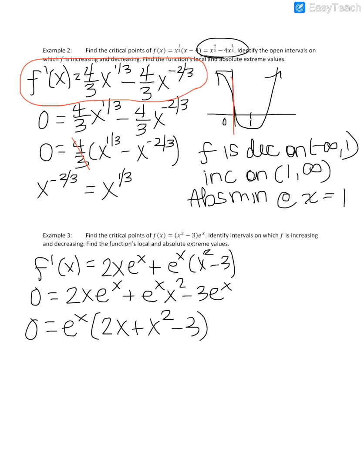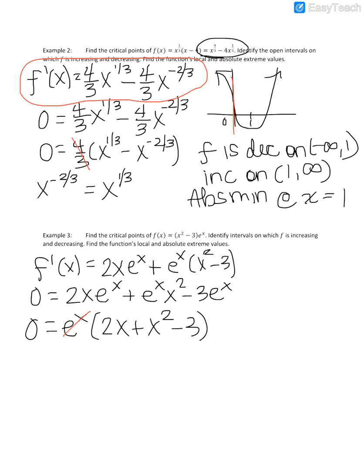If you notice, the first part is e to the x. E is a positive constant. There is no exponent I can put on it that will give me an answer of 0, right? Because I'm basically multiplying e's by themselves. So that's never going to give me 0. So that is out in terms of trying to help me equal 0.